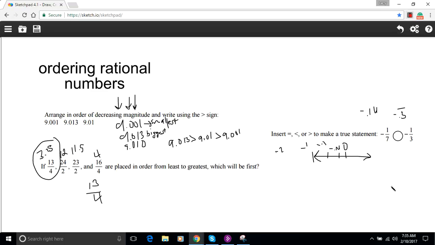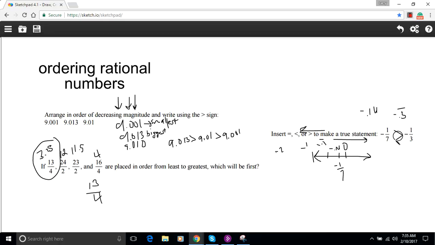And when we ask which thing is greater than the other thing, what we look at is how great they get going this direction and how small they get going this direction. So things that are to the left are less than, and things that are to the right are greater than. So here is our -1/7, that we shortened to -0.14. That's to the right of the -0.3 repeating. So that's actually greater than.